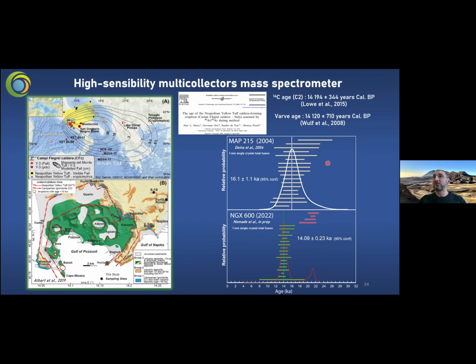And we have a precision which is better than the C14 and better than the varve age. This is a 40.1 kiloyear eruption. There is only 20 years of difference between these two, in terms of technology, I mean. So we could do things that were not possible 5 years ago with these machines.